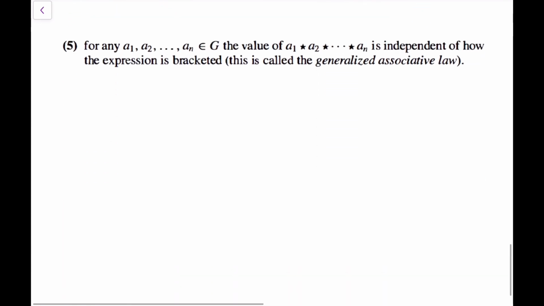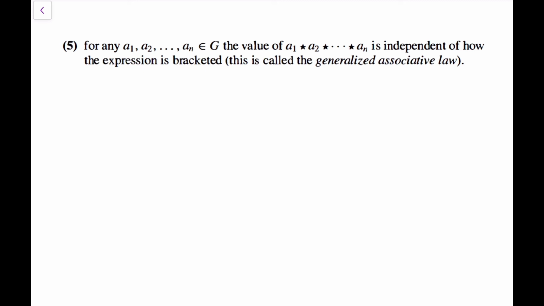And then for the last one, number 5, it says that for any A1, A2 until AN elements in the group G, the value of A1 star A2 star A3 until star AN is independent of how the expression is bracketed. This is called the generalized associative law.